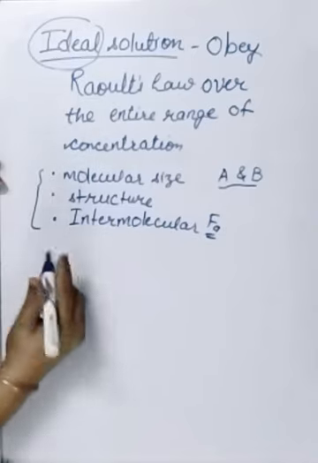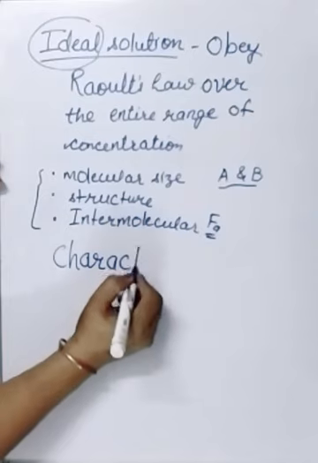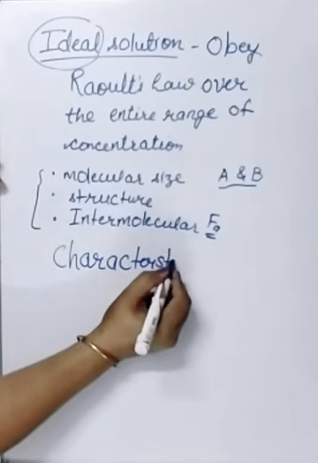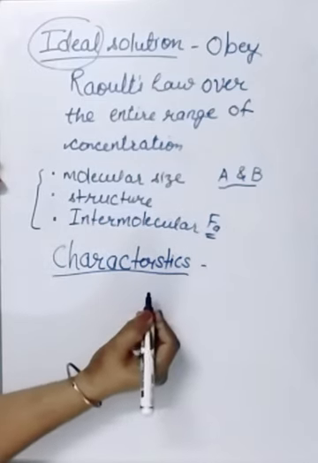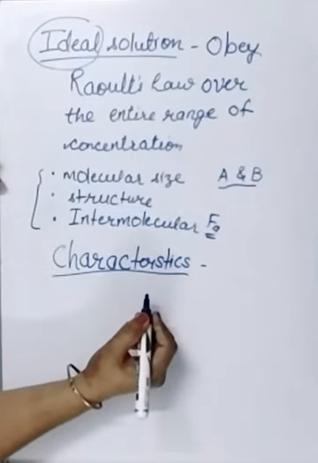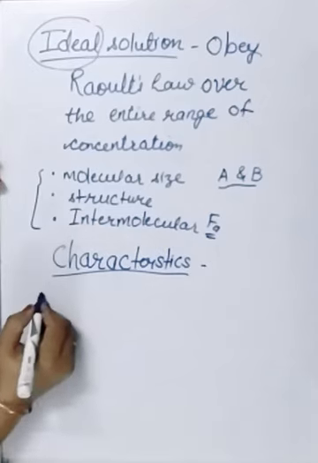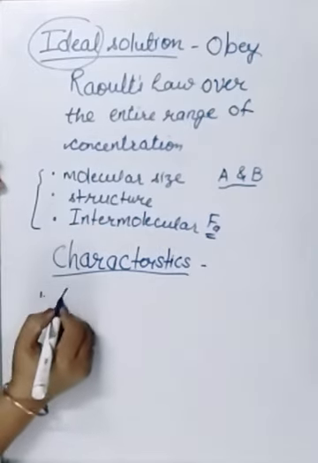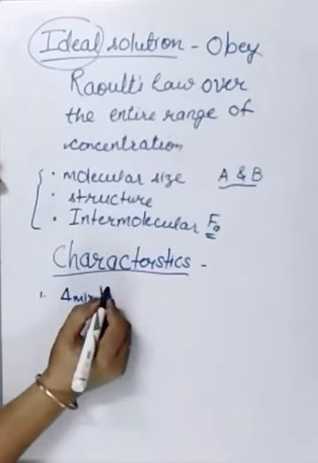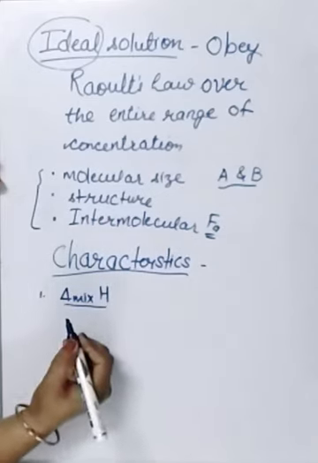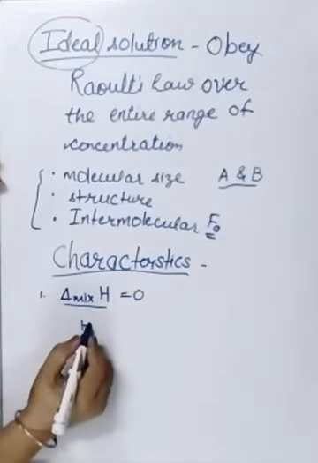So we'll see what are the characteristics of an ideal solution. As they obey Raoult's law, there must be some properties. See here, del mixing H should be 0. What is H? H is enthalpy.